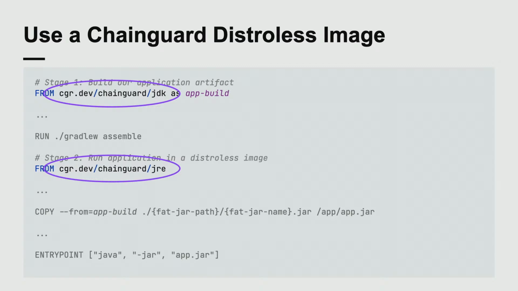So in the first step, we use the Chainguard JDK to build our jar file. And in the second part, we use the Chainguard JRE to run your application. So you can see that the Dockerfile is quite simple. We just need to switch from JDK to JRE and use a distroless image.